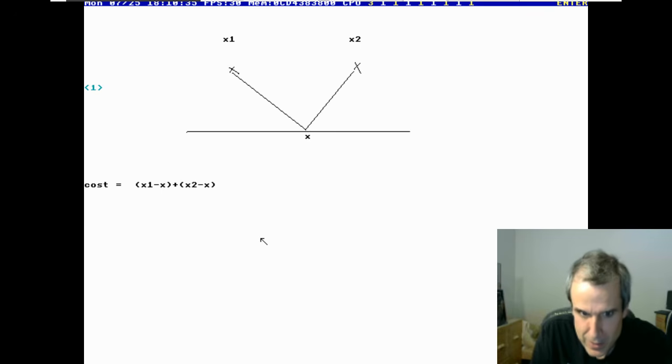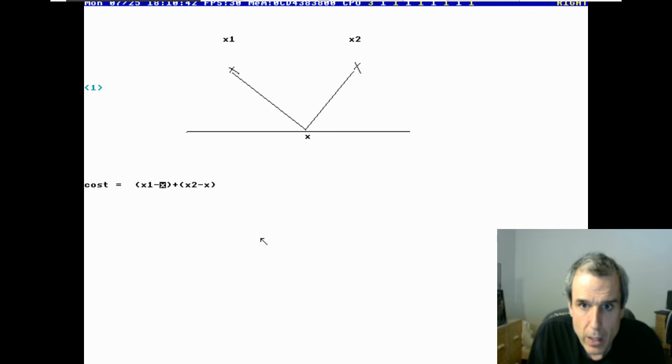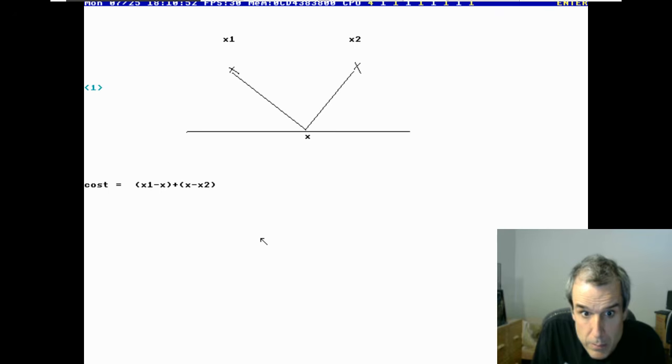Okay, so the cost is equal to x1 minus x plus, if you can do it in 2 dimensions, you can do it in 3 dimensions. Okay, x1 minus x plus x times x2. Okay, and now, uh-oh, I think I got too clever. That's not gonna work, is it?